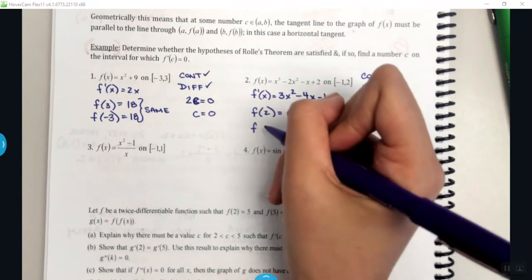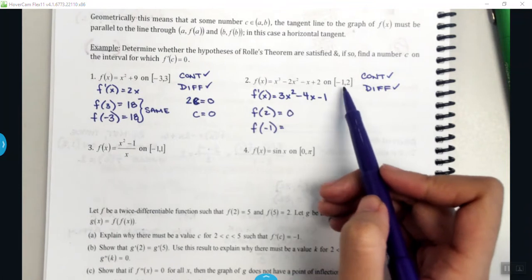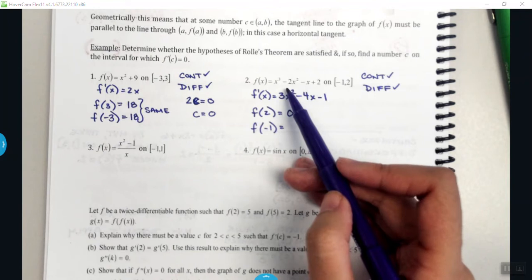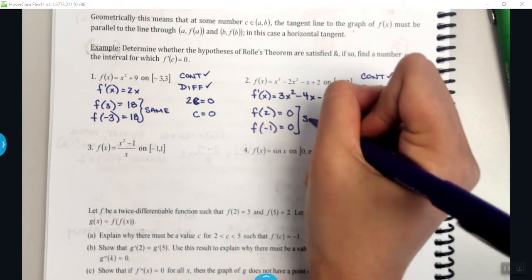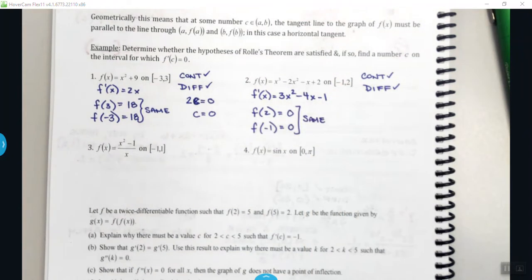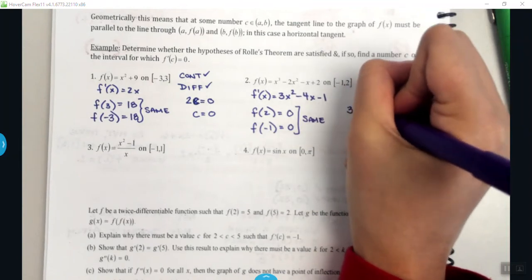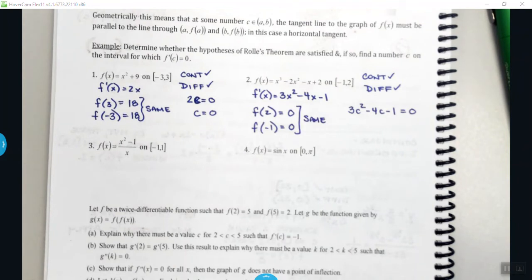F of negative 1: negative 1 minus 2 plus 1 plus 2. 0. Same. So we set the derivative equal to 0. 3c squared minus 4c minus 1 equals 0. And then we solve. But I don't think I can factor it. Can I? No, I cannot factor it.